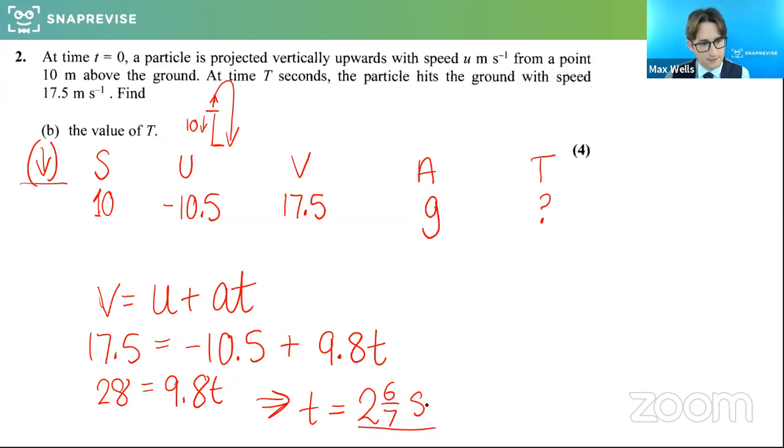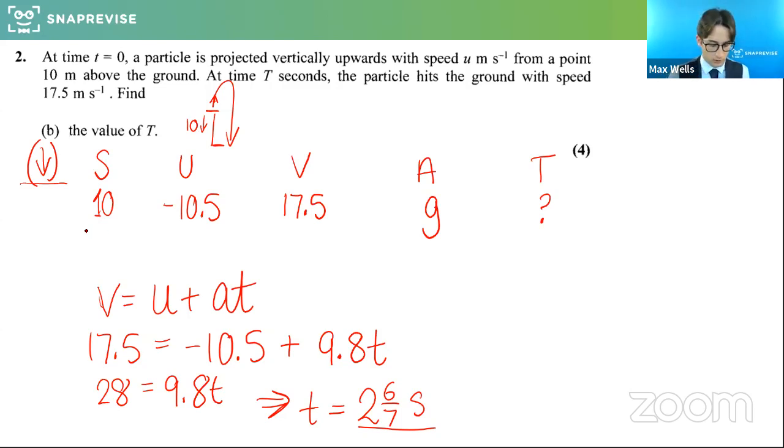Now I do want to stress here, you don't have to have used V equals U plus AT. I spotted in the chat some people have used different values and still come up with the same answer. Arguably, not using U is sensible because you might not be 100% confident that your part A answer was correct.